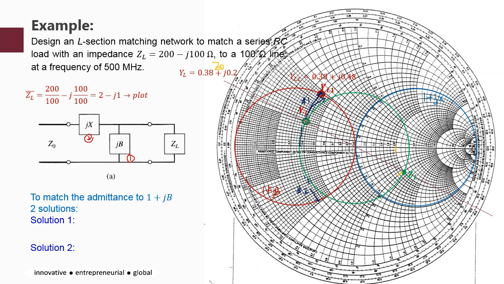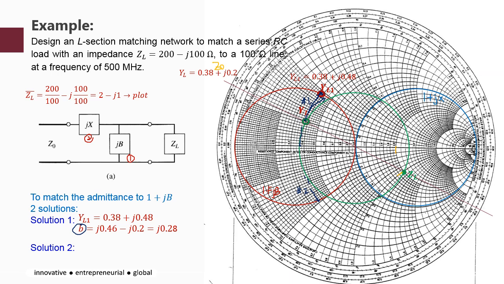The location is at 0.38 plus j0.48. All right, so that's solution 1. To get the B, what's the B? It is the difference between the original position and the latest position. The difference depends on whether you move YL upwards or downwards.